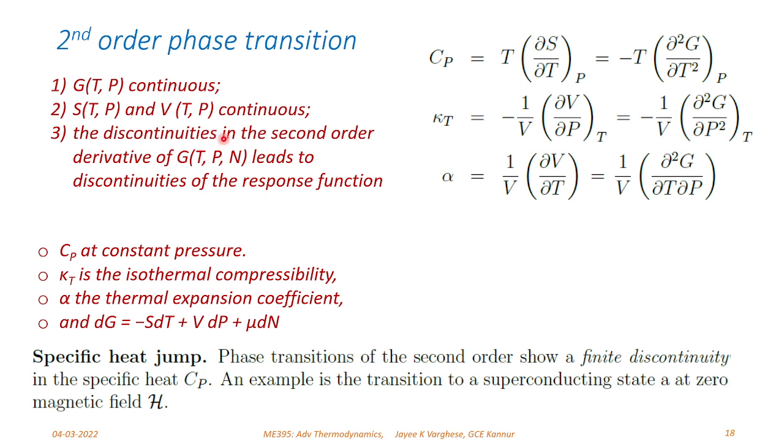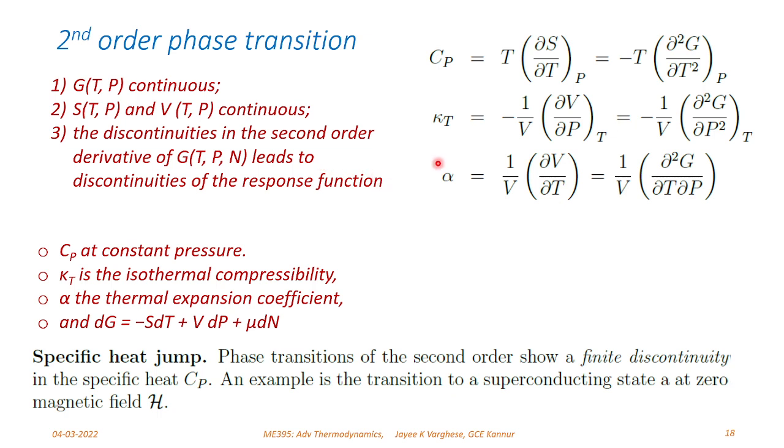So the discontinuities in the second order derivatives of the Gibbs function, temperature and pressure. If we have a two component system, n will be 2. So G, temperature, pressure and components leads to discontinuities of the response function. That is, the second order derivatives will become discontinuous.